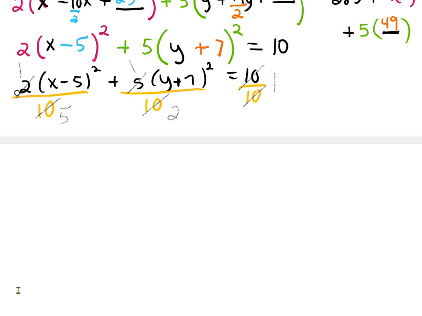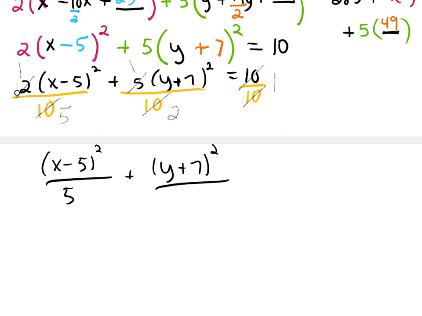Okay. So I now have an x minus 5 squared over 5 plus a y plus 7 squared over 2 equals 1. And they want to know where the vertices are. This is an ellipse, and the larger denominator is the 5.